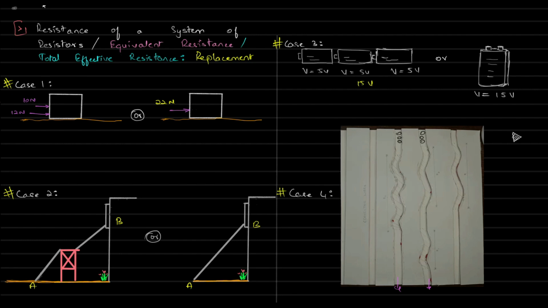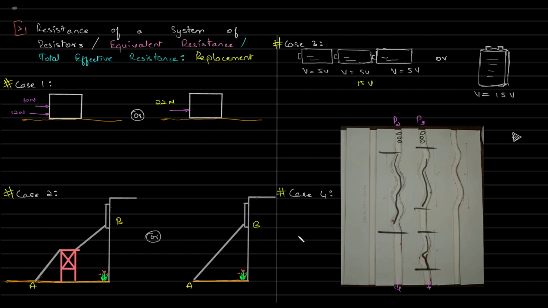So here in path 2 and path 3, if you look at the resistive lengths, there are two of it over here and a single one over here. So can we tell that these two lengths can be replaced with a single one?